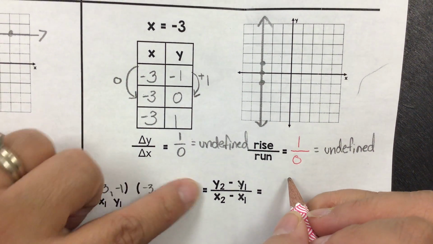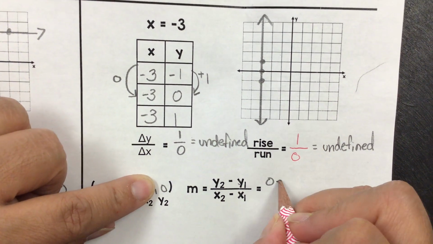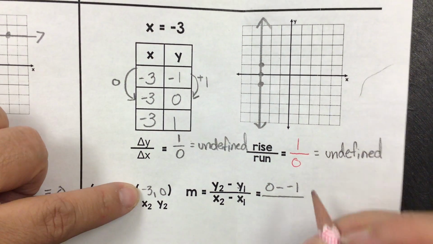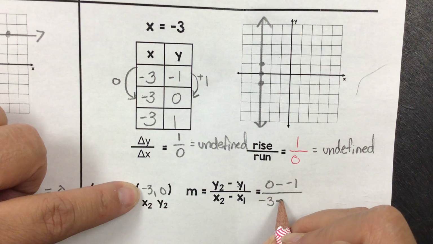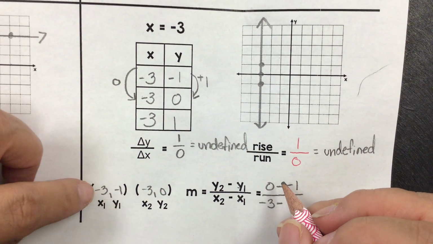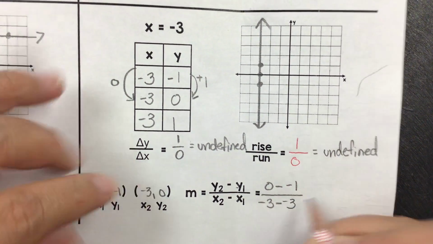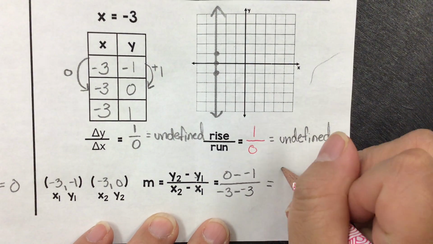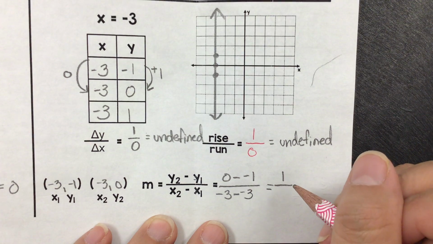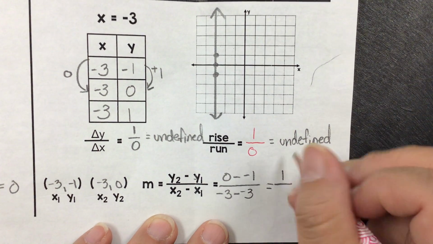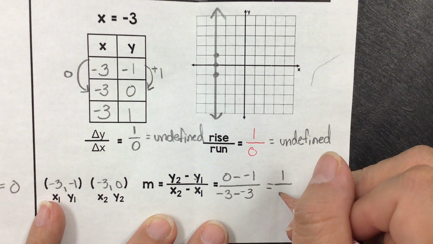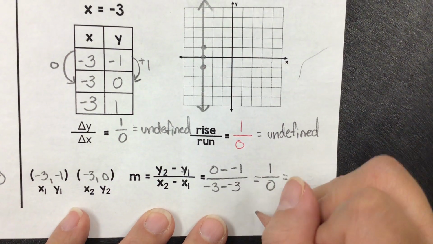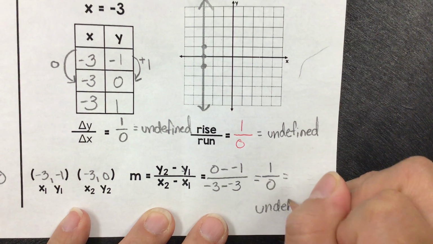And the pattern goes y2 minus y1 divided by x2 minus x1. 0 minus -1 is 1. -3 minus -3 is 0. And again, making the slope undefined.